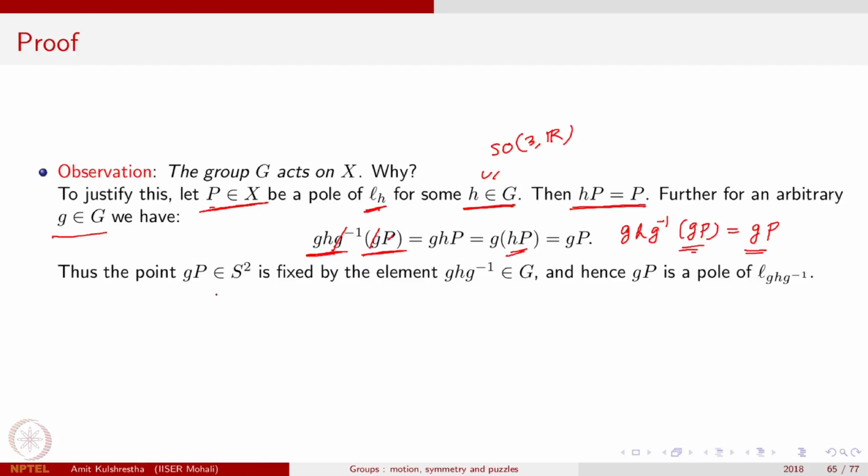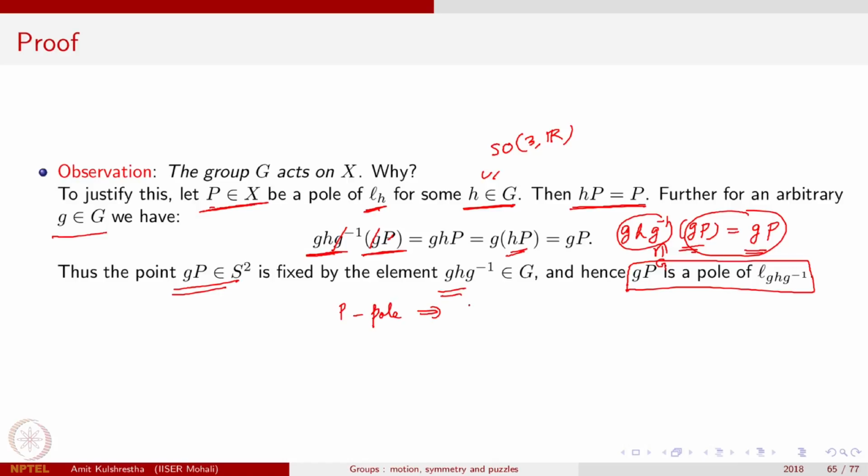That means there is some element in G which is not able to move GP. That means this element GP is fixed by G H G inverse, and therefore it is fixed under the influence of some rotation, because every element of G is a rotation eventually. So therefore GP is also a pole, and for this pole the axis is G LH G inverse. So that particular axis has GP as a pole.